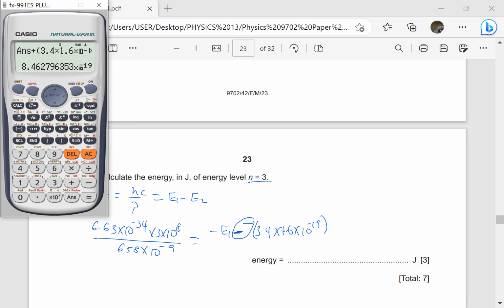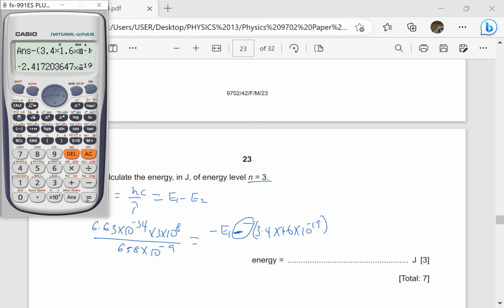So this is supposed to be minus 6.63 exponent negative 34 times 3 exponent 8 divided by 658 exponent negative 9. Then it becomes minus 3.4 times 1.6 exponent negative 19.